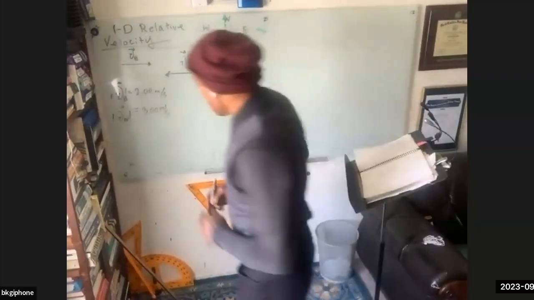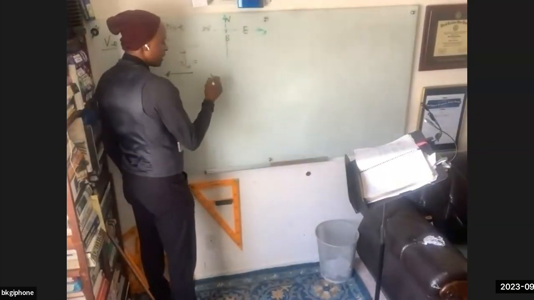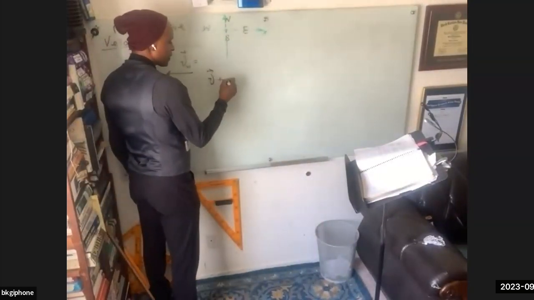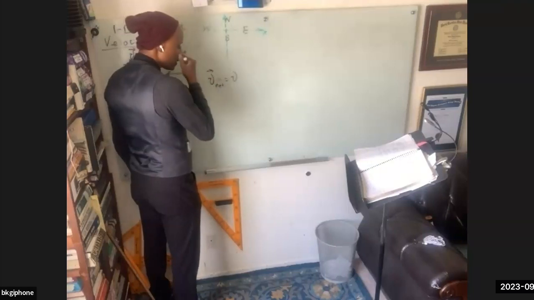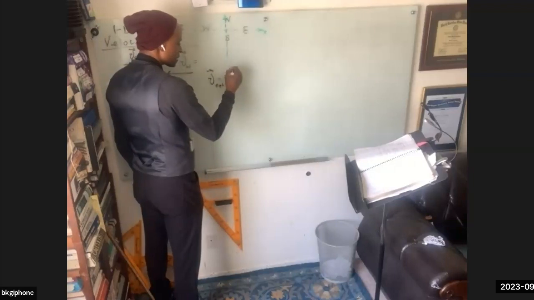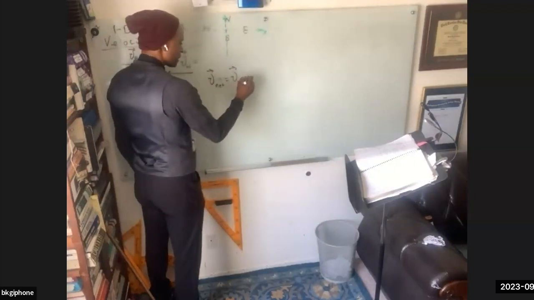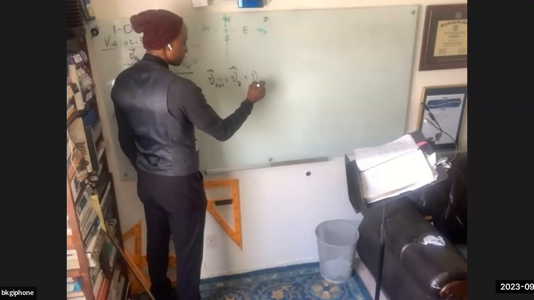If we were to write out the equation for net velocity, it's a little bit confusing. It's just a vector equation. V net is equal to the velocity of the bird plus the velocity of the wind.